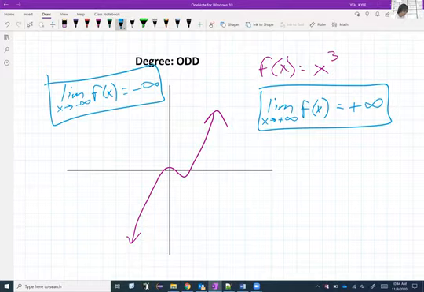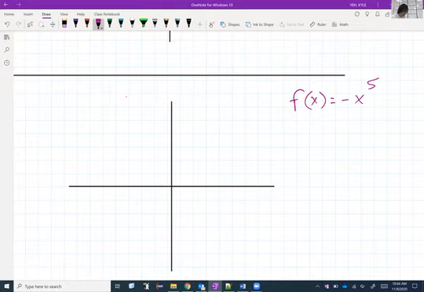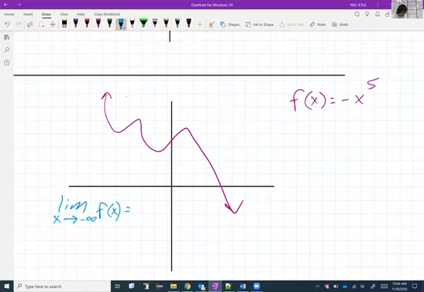How about a negative leading coefficient? So f of x equals negative x to the fifth, which will look something along the lines of 1, 2, 3, 4, 5, say. It's not a very pretty drawing, but that's okay. It'll look something like that. Well, I could say that as the x's are going negative, as the x's are angling towards negative infinity, what is true?